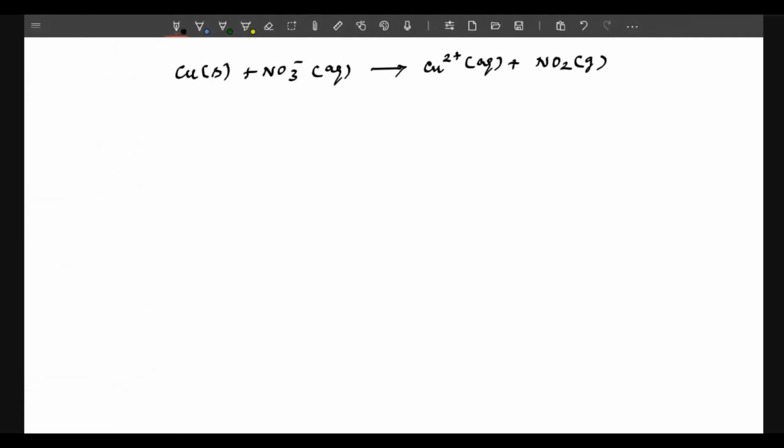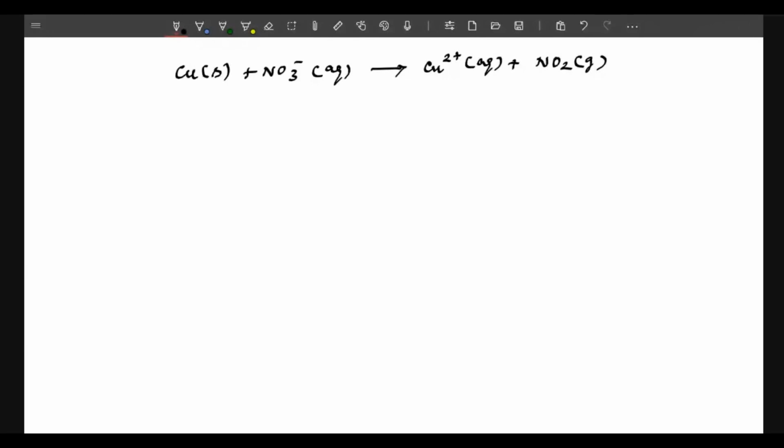You can answer this. How many water molecules would be present in the net reaction, and on which side? Second question: how many H plus ions would be present in the net reaction, and on which side? You balance these accordingly. This is an exercise for balancing in an acidic medium.